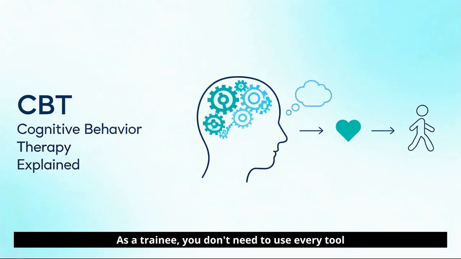As a trainee, you don't need to use every tool in every session. It's often more effective to pick one cognitive technique and one behavioral technique that fit the client's goals and diagnosis. Practice them repeatedly and refine your delivery based on the client's feedback and your supervisor's guidance.